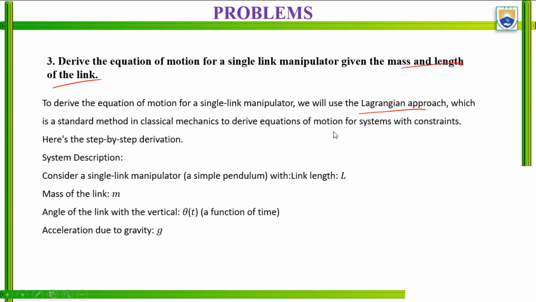With the help of the Lagrangian approach, we will standardize the method. The angle of the link will be theta of t, which is a function of time. We will also consider the gravity, that is, acceleration due to gravity, and the mass m. We consider these three for a simple pendulum.